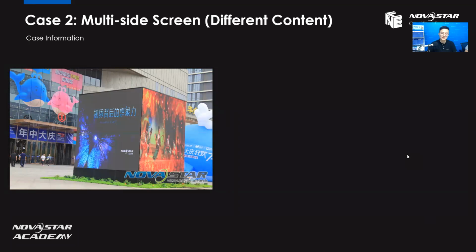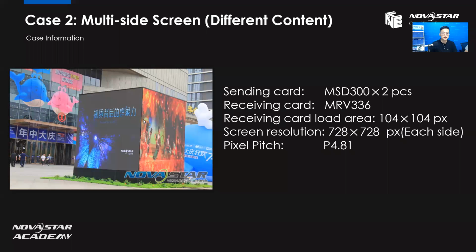Now let's move on to case 2. Case 2 is a multi-sided screen. Basically, this case has 4-side screens, looking like this picture: 1, 2, 3, 4, and the other side. For the sending card we're using the MSD 300, we're using 2. For receiving cards, we use 336.